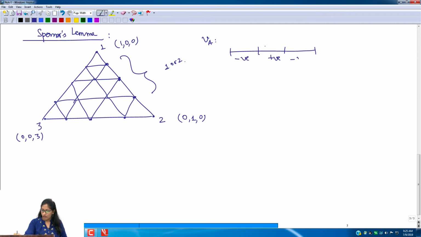Let's say his valuation function is something like this. There is a big piece where he values the cake negatively, then there comes a positive piece as well, and then again he values the rest of the segment negatively. Let's say, I don't know, it can be any reason, but let's say it's burnt.